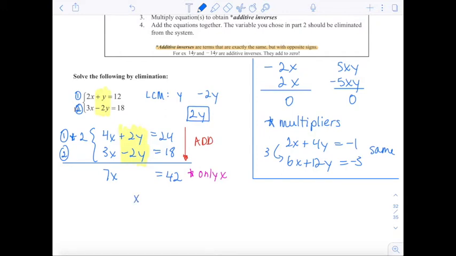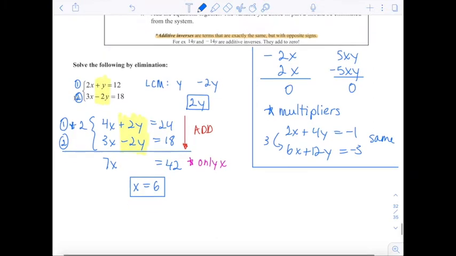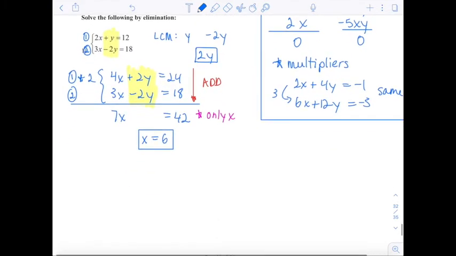7x equals 42 means that x equals 6. So we know that x equals 6 in this system. What I have to do is sub x equals 6 into either 1 or 2 to solve for y.